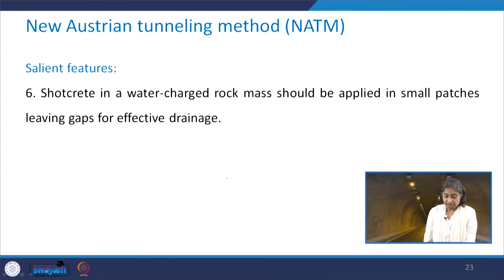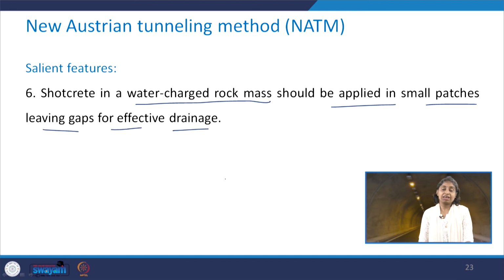The shotcrete in a water charged rock mass should be applied in small patches, leaving gaps for effective drainage. Otherwise, because the rock mass is water charged, the shotcrete will not get enough time to harden and start acting as a support system if effective drainage is not there.